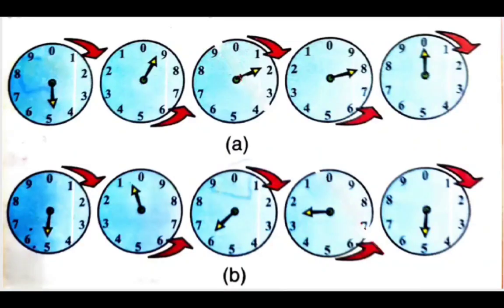Children, look at this now. This one is the last month reading, and this one is this month reading. What was this month's reading? 0, 8, 2. Look at the needle.